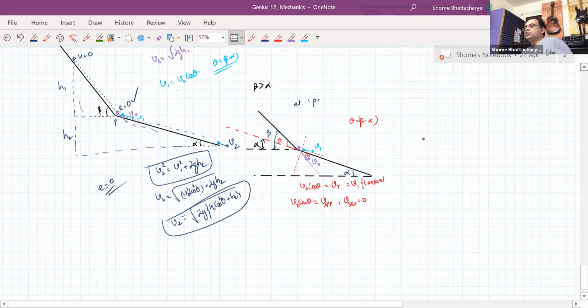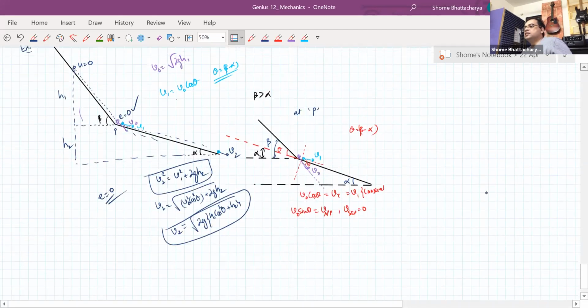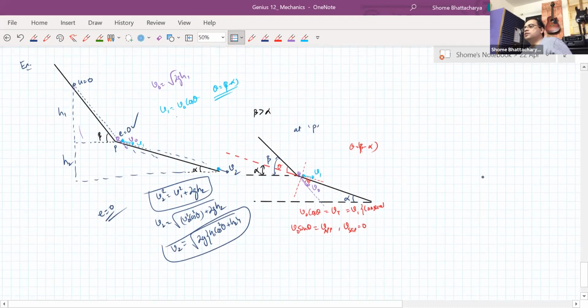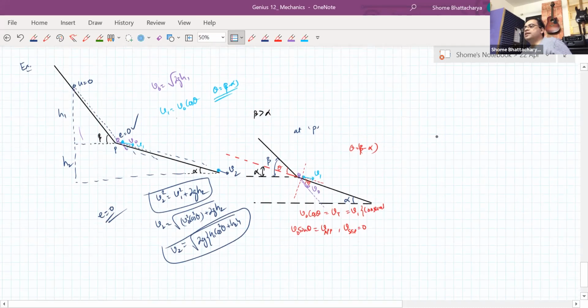Now on the other hand, if the collision was not perfectly inelastic, then what would happen is that at this point, this came and made an impact like this. Just immediately after impact, this velocity would become like this at some angle, let's say phi. Then we would have V1 sin phi, that would be the separation velocity.